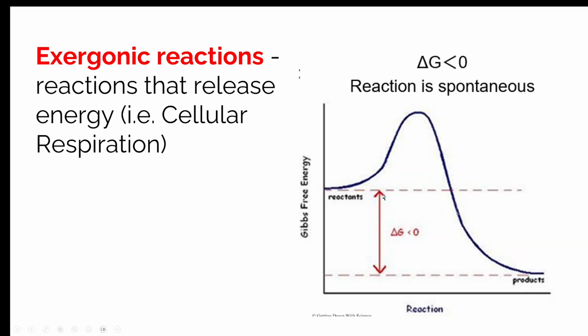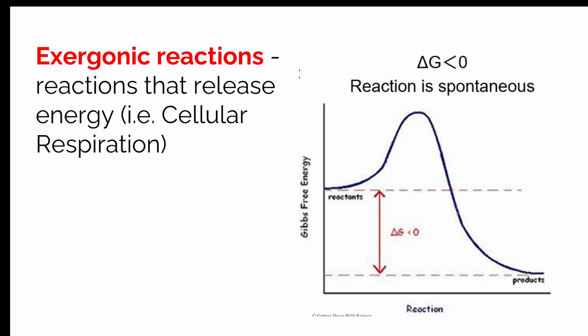Another quick example that I can give you of a reaction like this is going back to that example of the gasoline. If you just had a container of gasoline just sitting there, that's sitting at a specific energy state, right? The gasoline molecules themselves, they have a specific temperature, they have potential energy there, but they're sitting at a specific energy state. It's not until you apply a specific amount of another energy source that will cause the whole reaction to take place. So let's say we want to burn this gasoline.